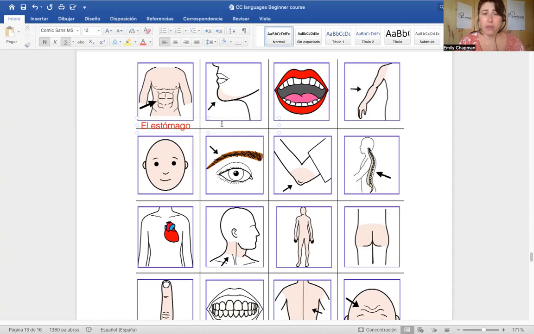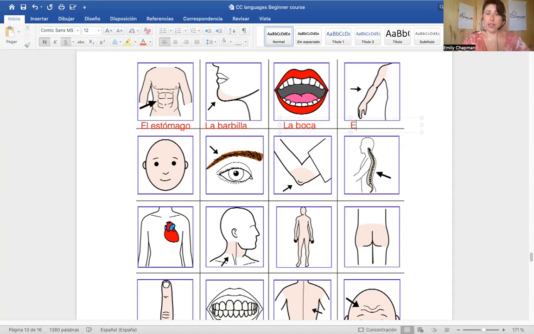El estómago, chin, we would say en español la barbilla, la barbilla. Mouth, I think we would have already mentioned above. I believe that we've mentioned it in the drawings above, just that these drawings are a little bit more advanced than the previous ones. La boca, mouth, la boca.